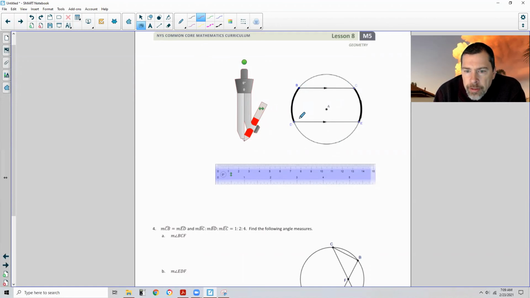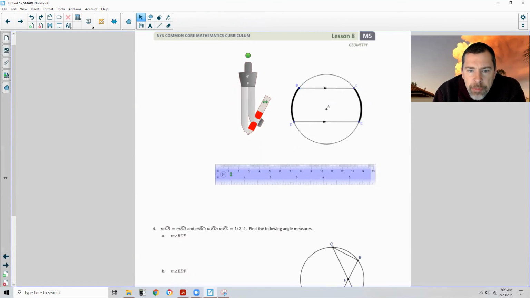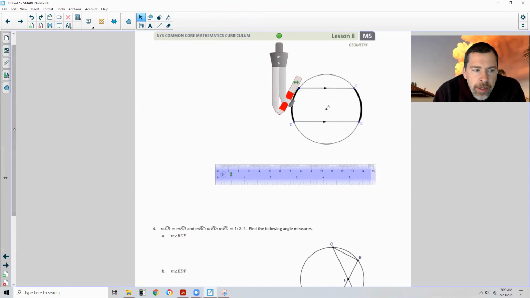BC is parallel to DE, two parallel marks. The chords are cutting these arcs, and the arcs appear to be congruent, but we want to make sure. So here's what I'm going to do. I'm going to take my compass and I'm going to draw a perpendicular.